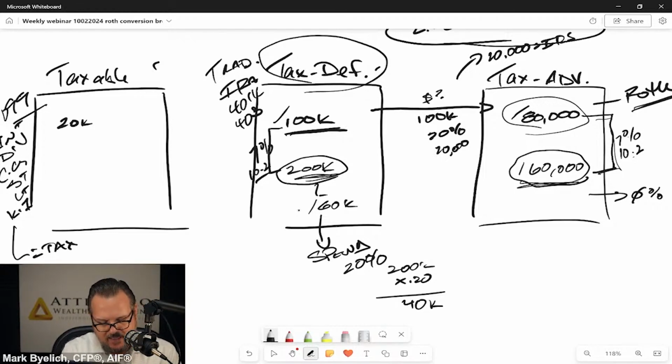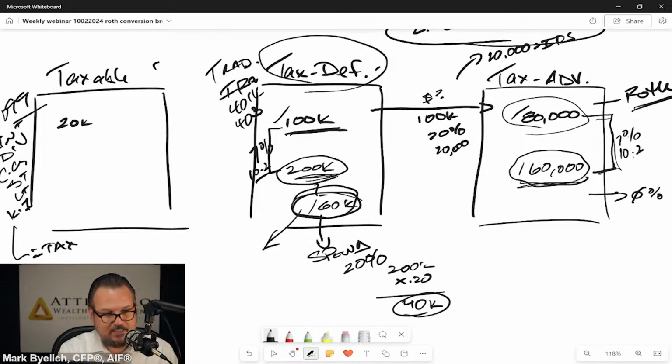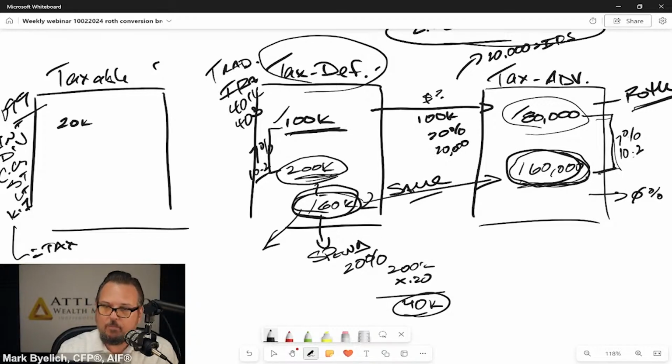Anything that you take out of this bucket to spend, well, that you have to pay tax on. So if the tax is the same and you take that full amount out, then you've got to pay tax, and that tax is $40,000, and you end up with the same net amount, $160,000 here, $160,000 here. It's the same amount of money. I hope that makes sense.